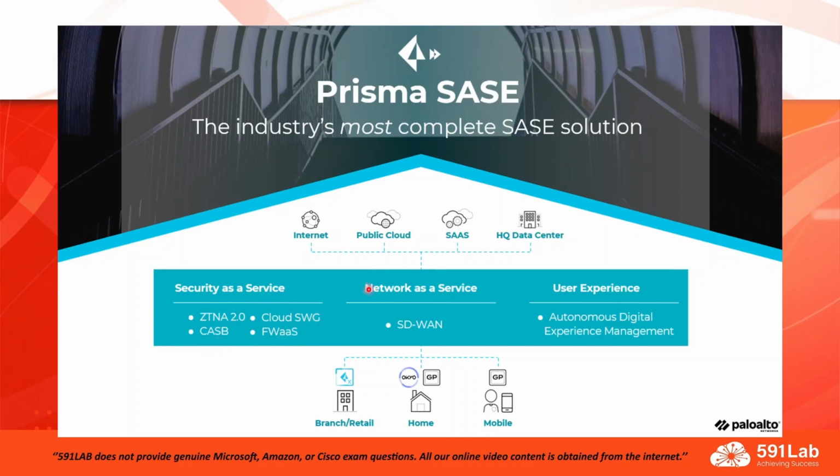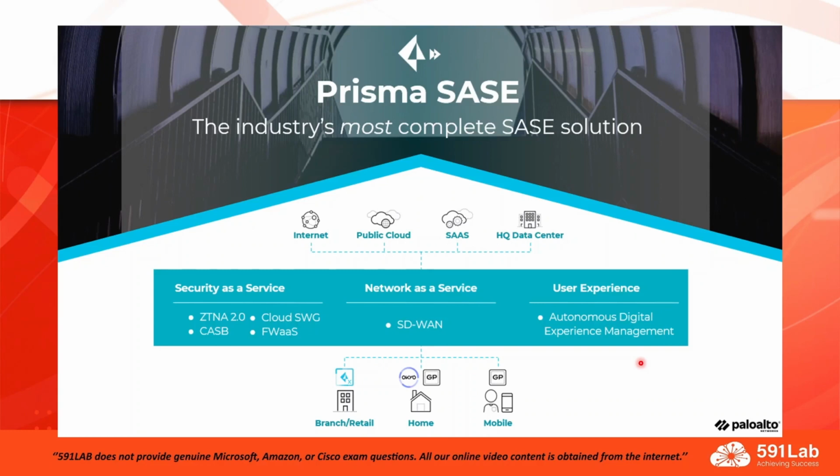SASE also provides network as a service using Prisma SD-WAN from Palo Alto Networks. And we can use Autonomous Digital Experience Management to monitor and view the user experience accessing the SASE environment or the resource that the user wants to access.